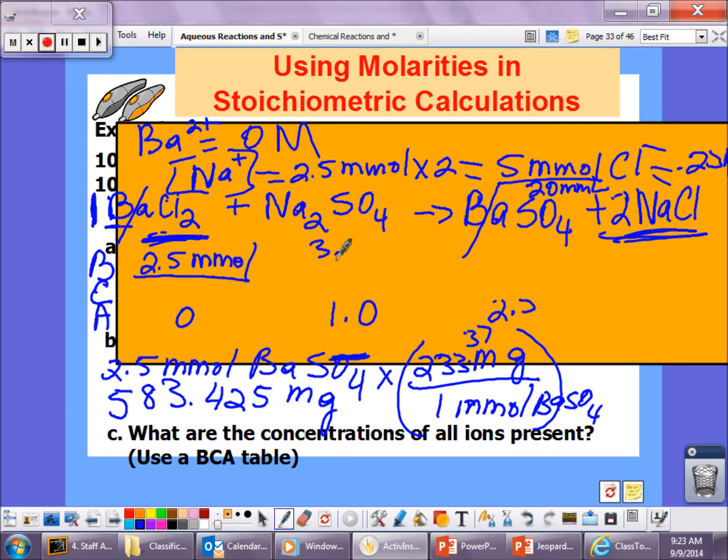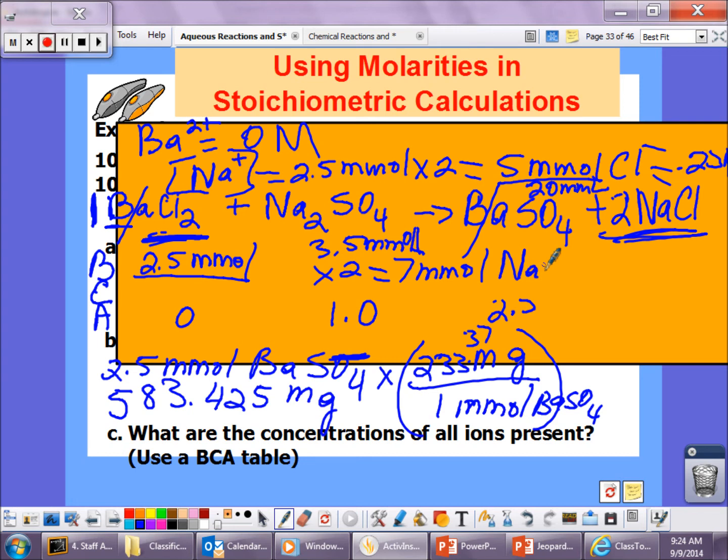Okay, 3.5 millimoles of sodium sulfate. I have 2 sodium ions for every one sodium sulfate. So it is times 2, which gives me 7 millimoles of sodium ion.